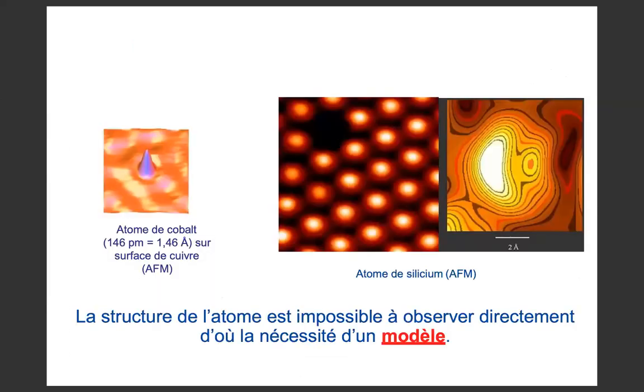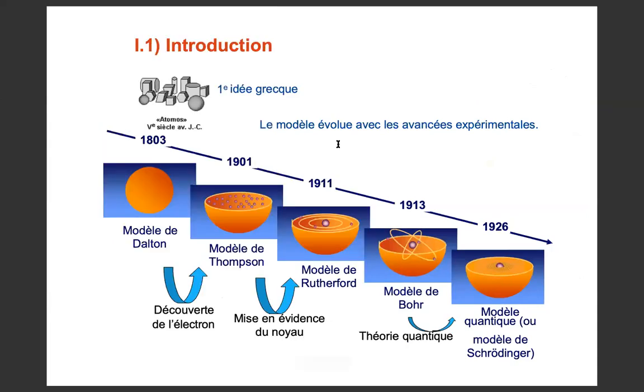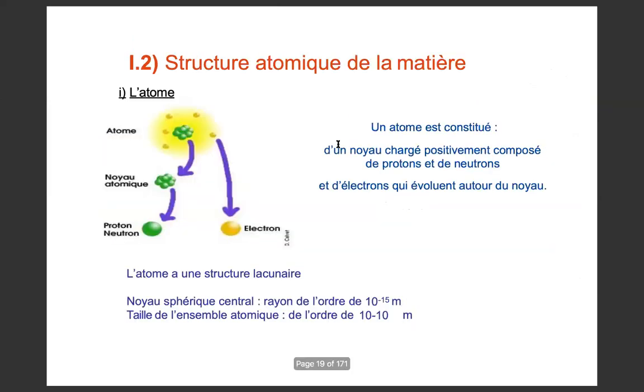Then now this is just another diagram that shows how the atom was discovered, from the Greek to Dalton to J.J. Thomson, Rutherford, Niels Bohr. We're going to look at him later, and Erwin Schrödinger. Yeah. So now the atom.